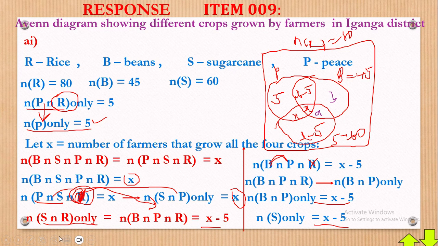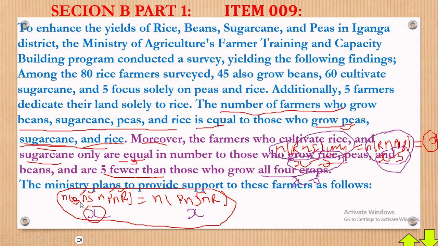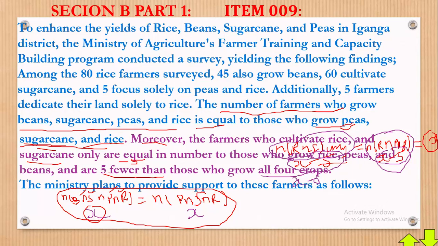In our summary, somewhere here we said, okay, 5 farmers dedicate their land solely to rice, meaning that 5 farmers grow rice only.